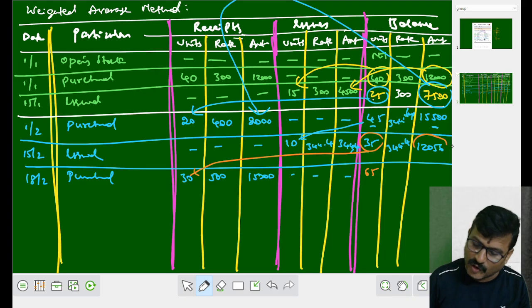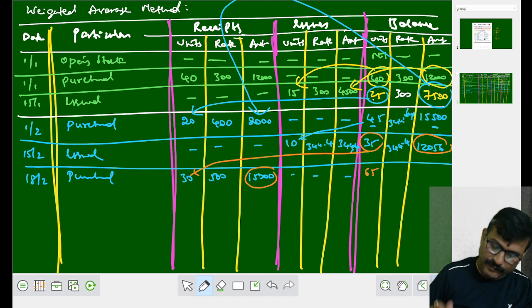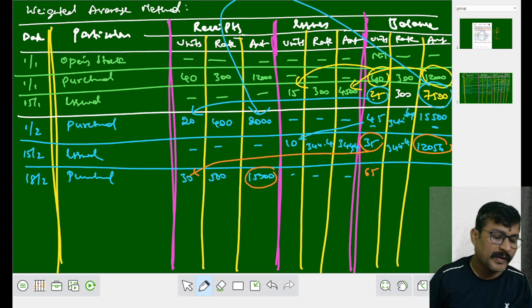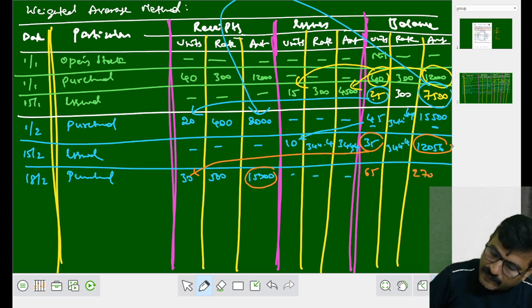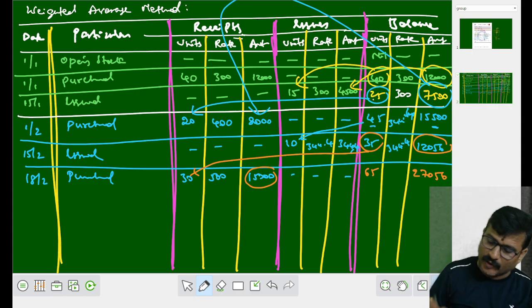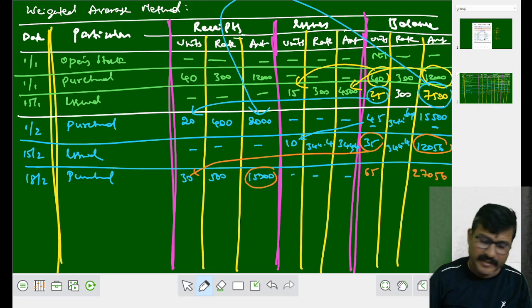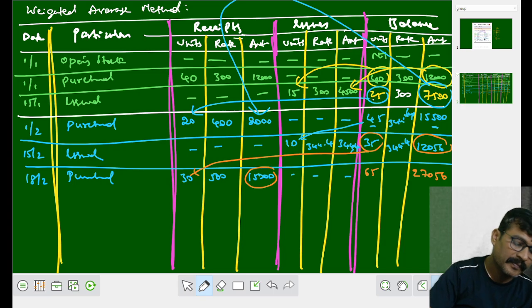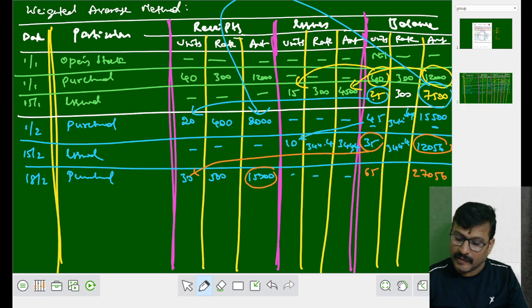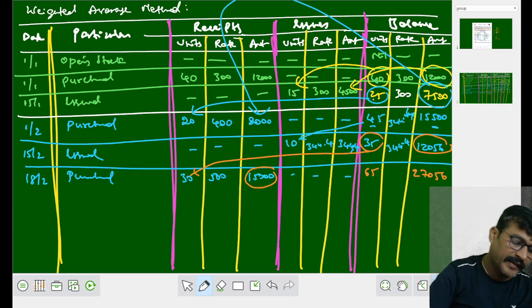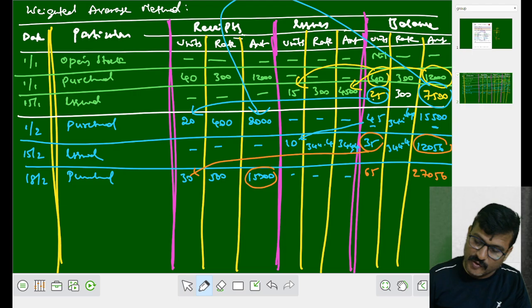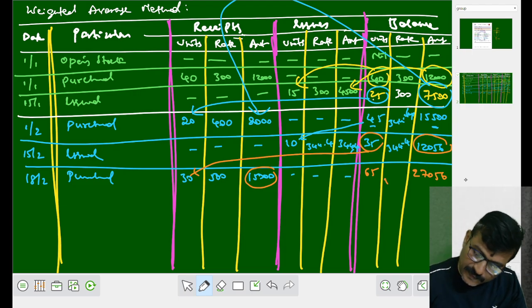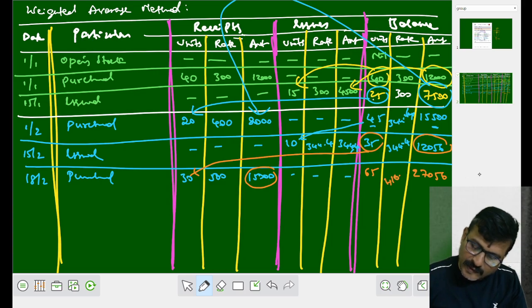Now we have to add 12,056 with 15,000, which is 27,056. Now 27,056 divided by 65 comes to rupees 416.25.